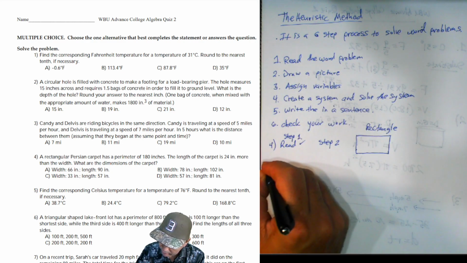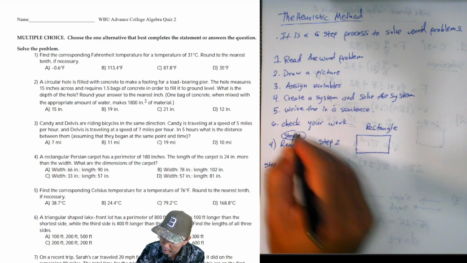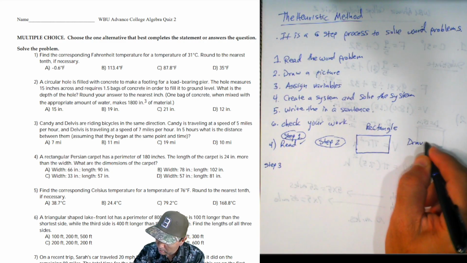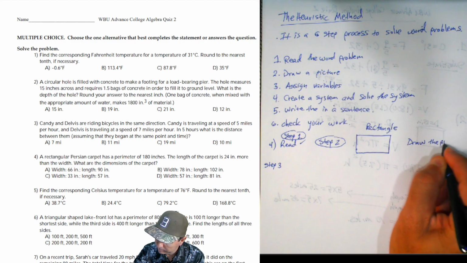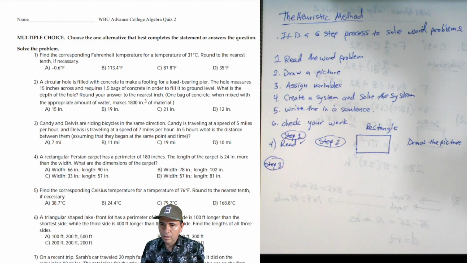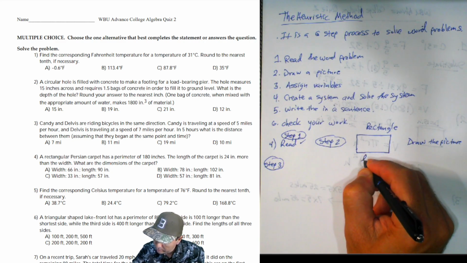Next, step 3. Okay, so here we have step 1, step 2. We draw the picture. Step 3, we're going to go ahead and assign variables. So I'm going to call this length, L for length.